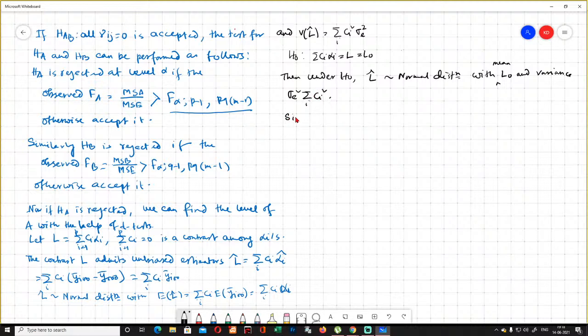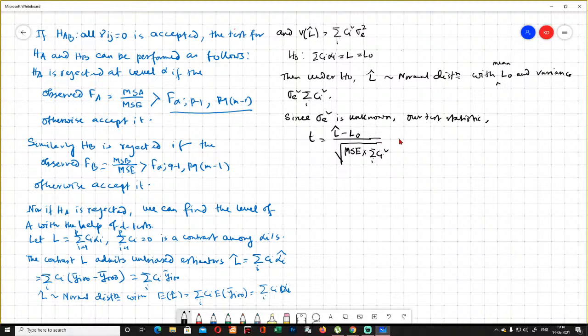Since sigma squared is unknown, our test statistic is t equals L hat minus L naught divided by the square root of sigma hat squared, estimated by MSE, times the sum over i of c_i squared.